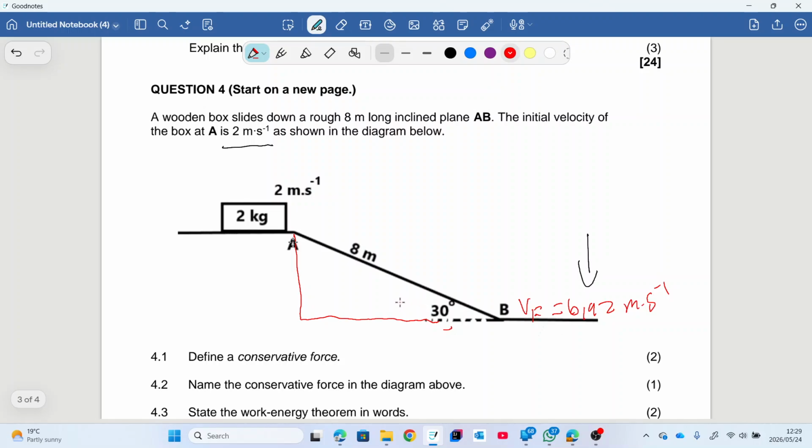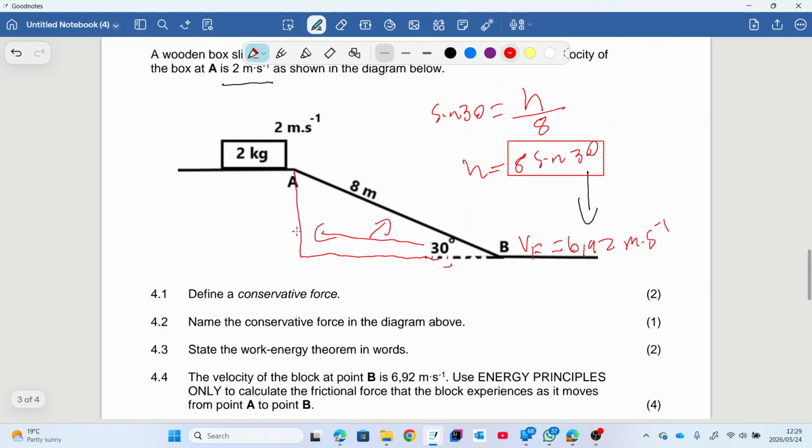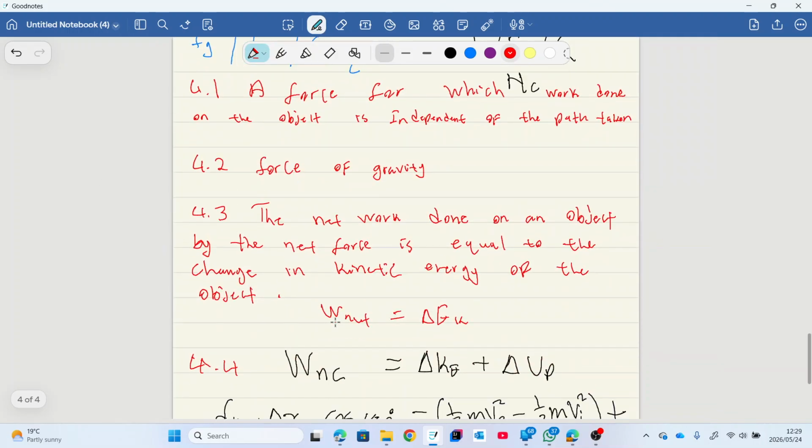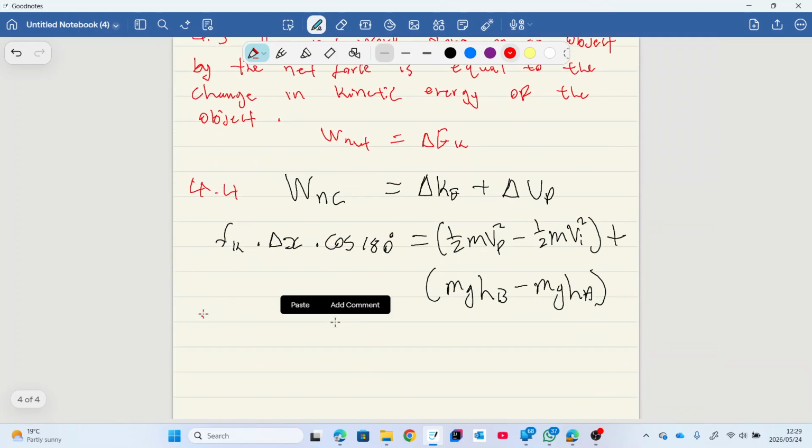So it's going to be the sine: opposite over hypotenuse. Basically sine 30 equals opposite, which is the height, divided by the hypotenuse, which is 8. So therefore h equals 8 sine 30. So we are going to replace the h with 8 sine 30. You are happy with that convention, right? Don't be surprised when I put it in the substitution.